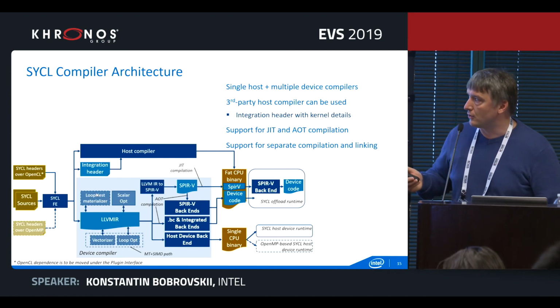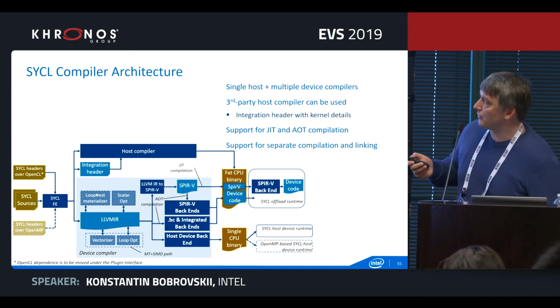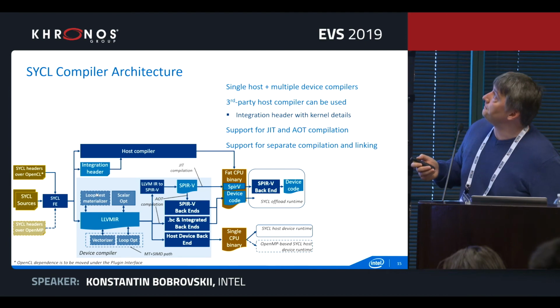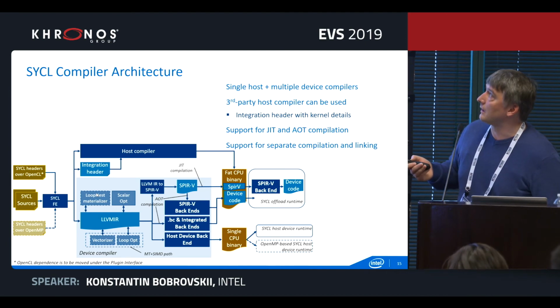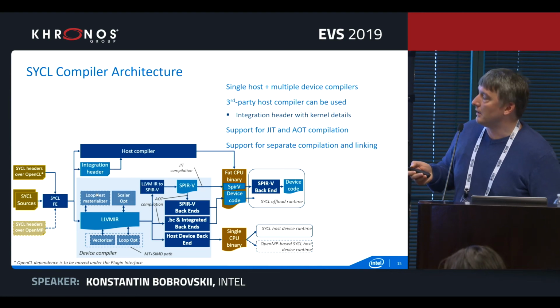Okay, now a series of architectural slides which will show a little bit more detail about our implementation. So this is the compiler architecture. On the left-hand side, you see SYCL sources, and SYCL headers, currently based on top of OpenCL. Here is the device compiler, or multiple device compilers.